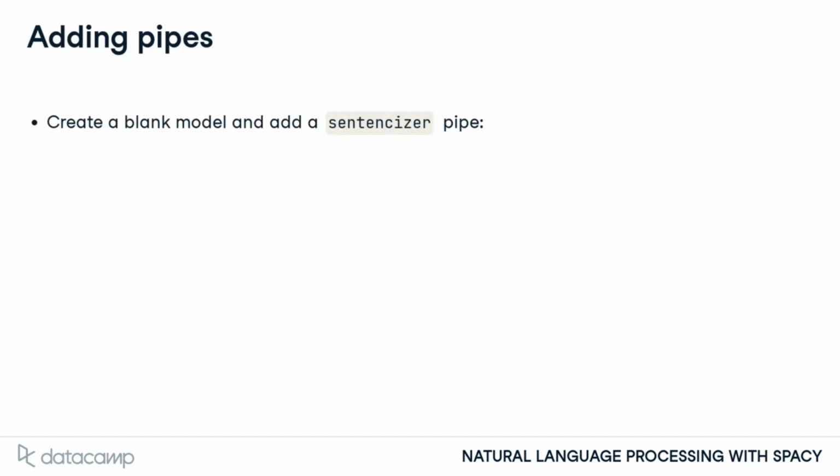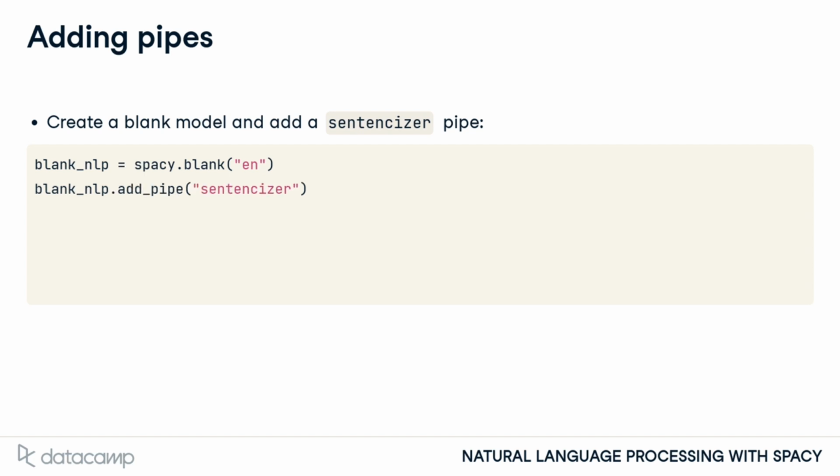In this instance, we would want to make a blank spaCy English model by using spacy.blank within parentheses, within quotation marks, en, and add the sentencizer component to the pipeline by using the .add_pipe method of the nlp model.